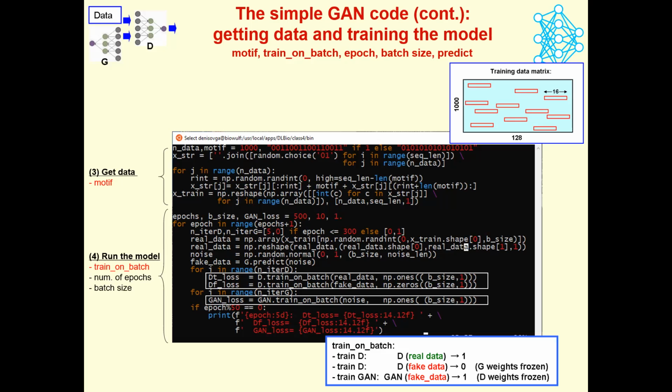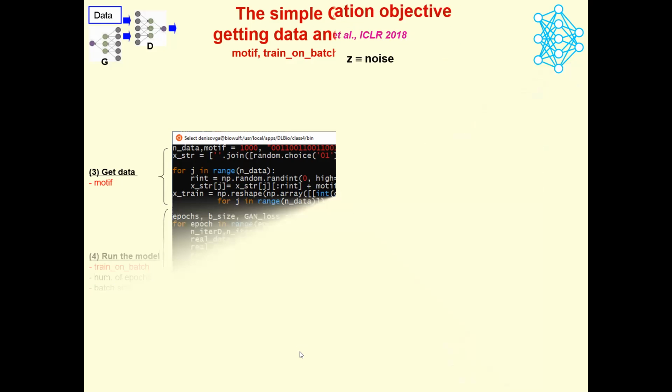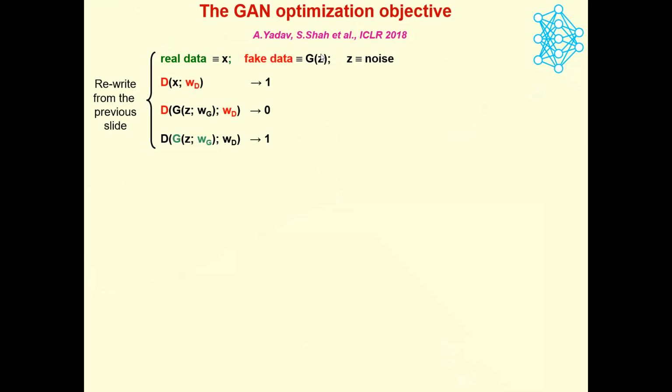Okay, and if there are no more questions, I proceed to the next slide, which discusses the so-called GAN optimization objective. So far, we considered training of the GAN as just a set of steps, like train on batch, performed in a number of epochs.